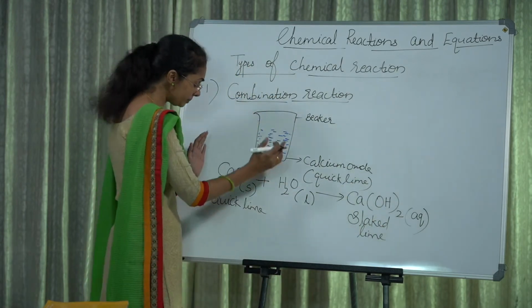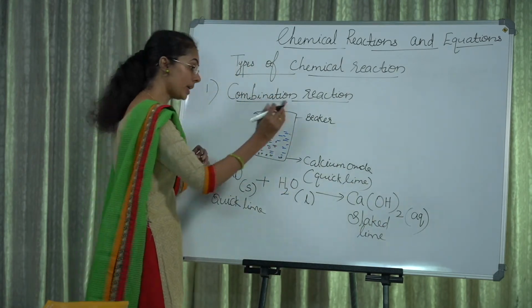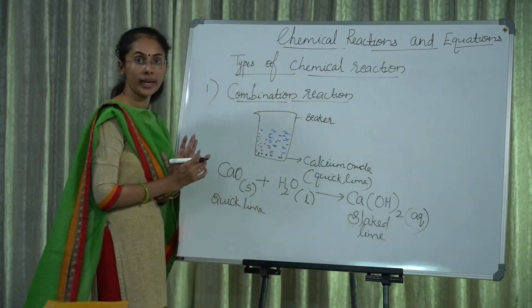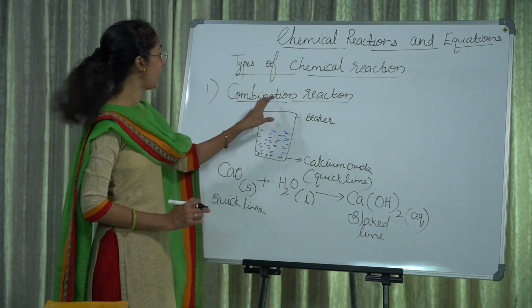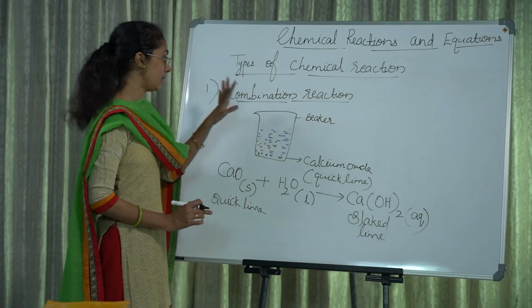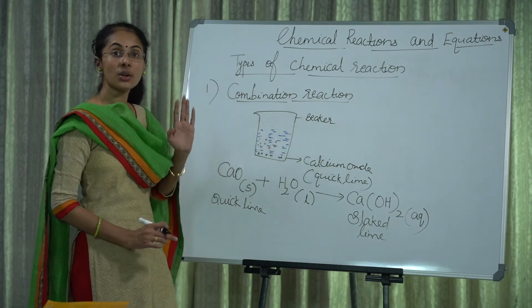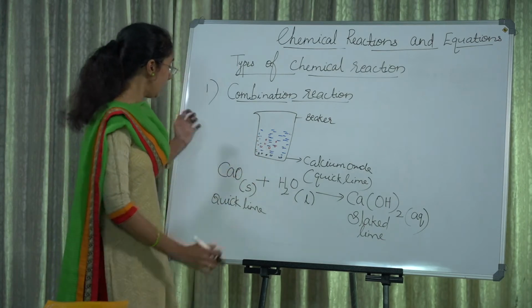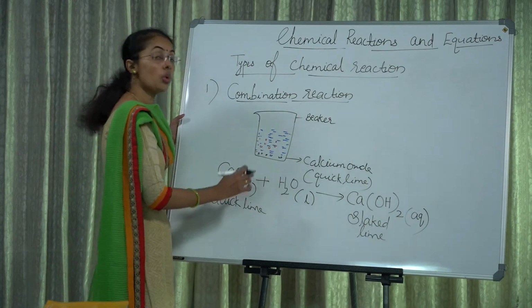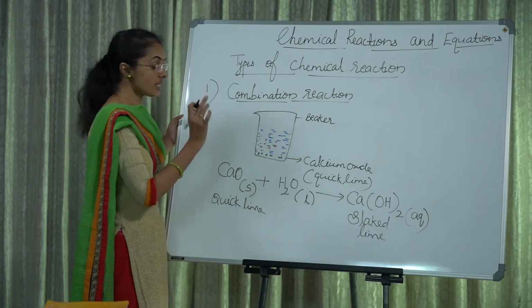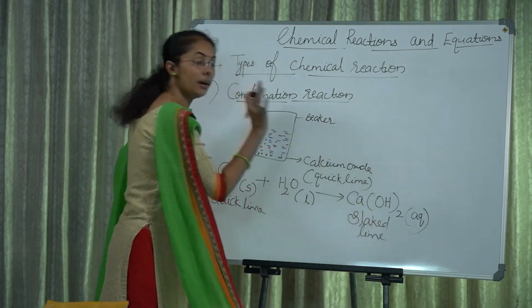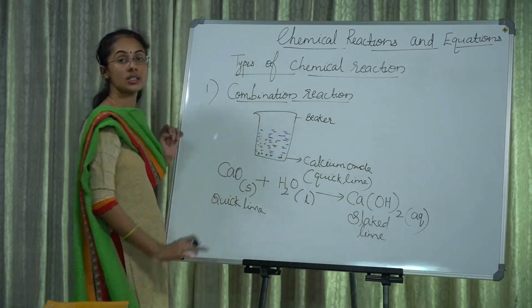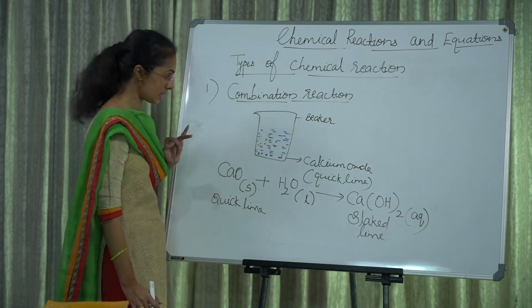In this case only two reactants combine to form a single product. That type of reaction is known as combination reaction. In definition, two or more elements or compounds combine to form a single product. That type of reaction is known as combination reaction.